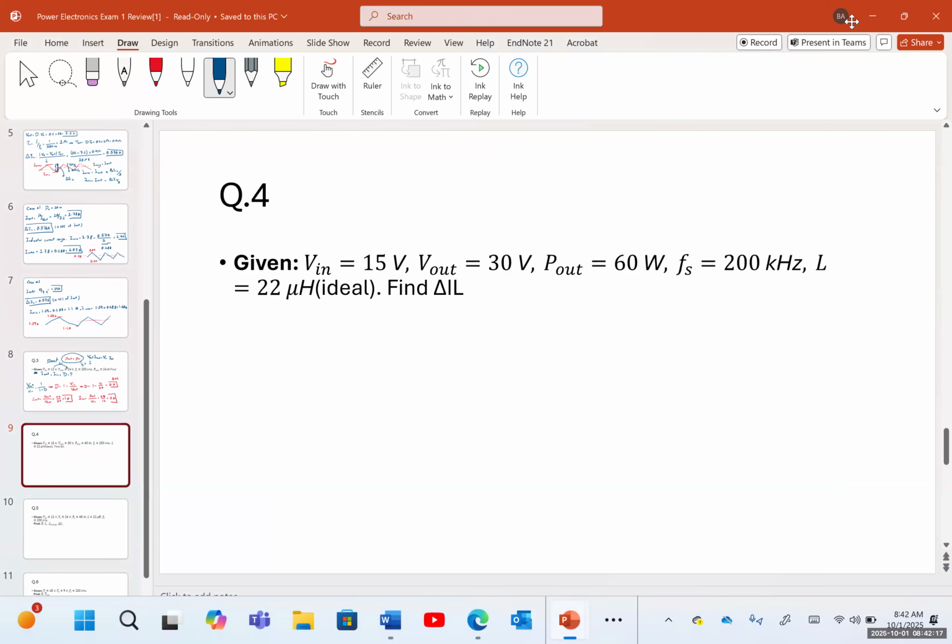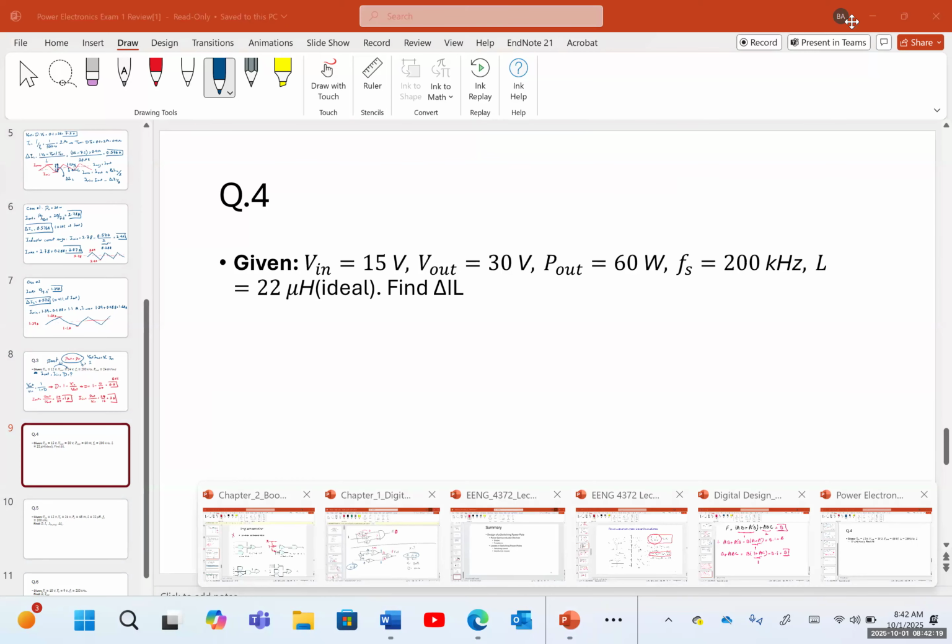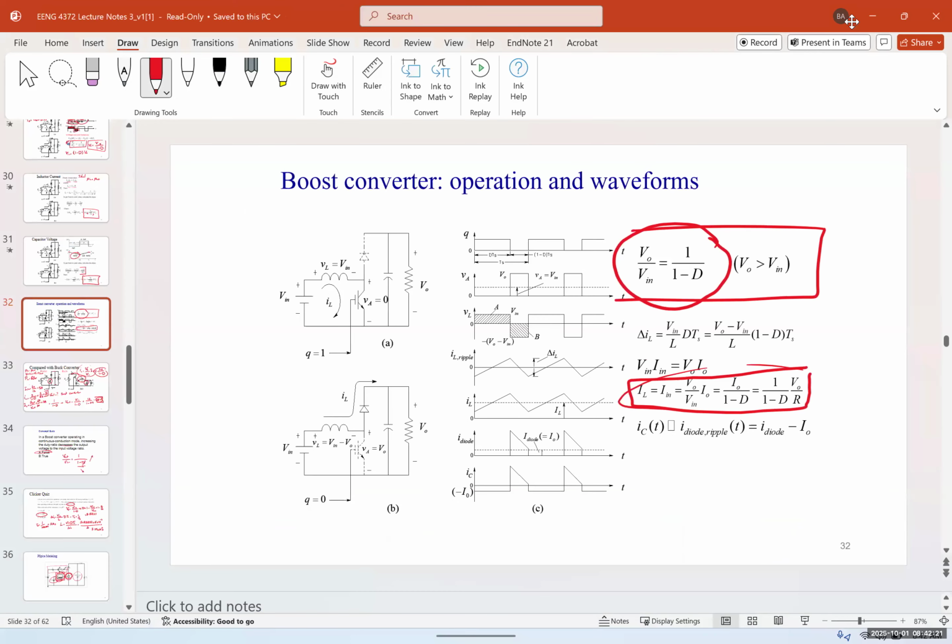Again, if I go back to our equations, you can use this equation if you want to write it down: Vin dTs over L gives us delta IL. Did you write that down?